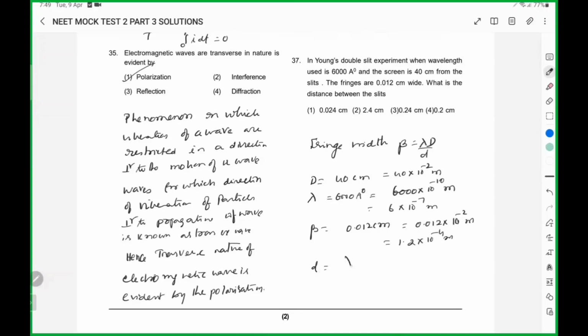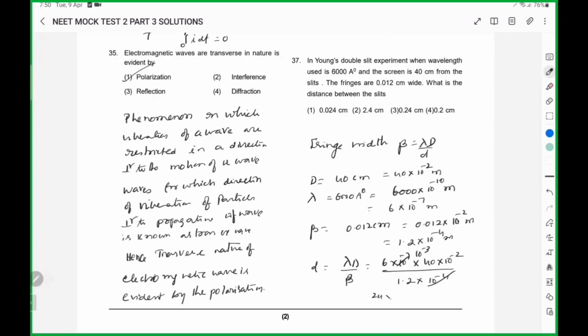Small d we can calculate by using the given formula. 6 into 10 power minus 7. Capital D is 40 into 10 power minus 2 by 1.2 into 10 power minus 4. So 10 power minus 4, 10 power minus 3.